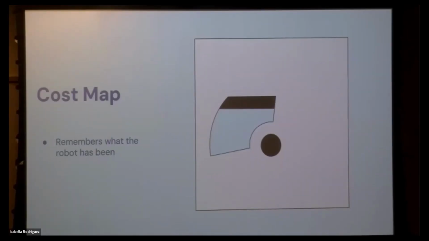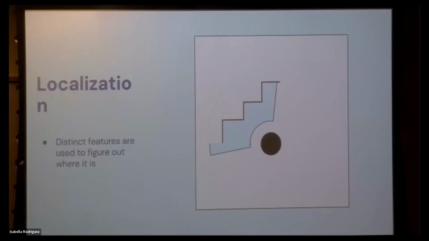The way we can localize with that map is based on unique edges. If it detects some kind of unique shape, or some other feature that stands out and is in only one place of the building, then the robot can figure out that it's in that certain part of the building, and also its distance, because we have the depth camera.